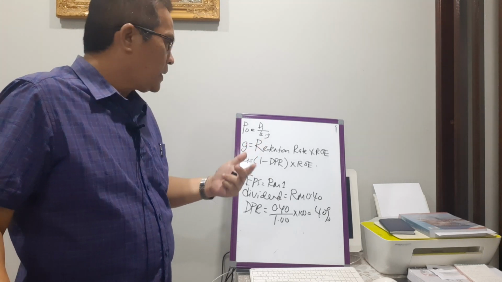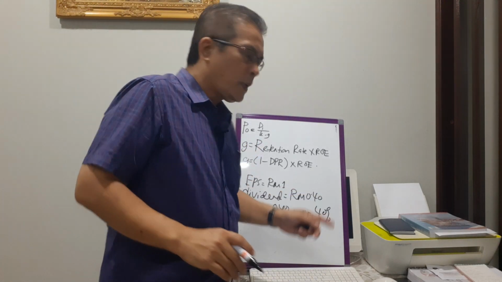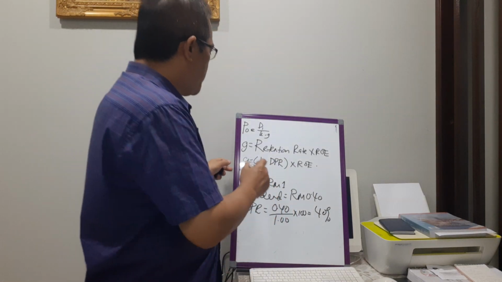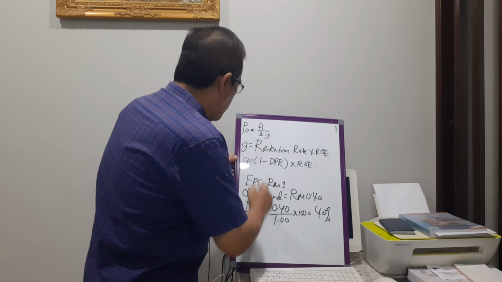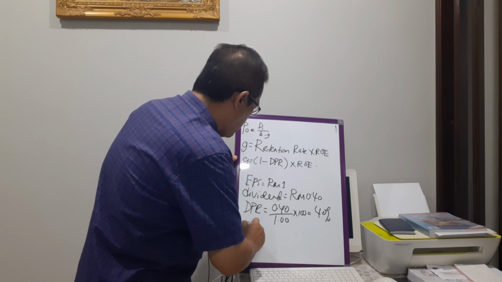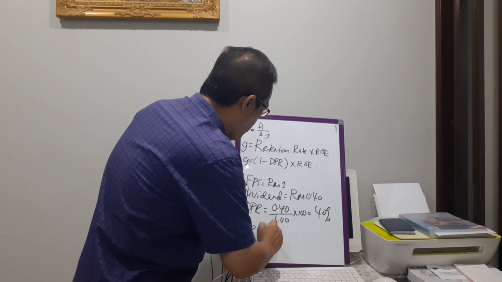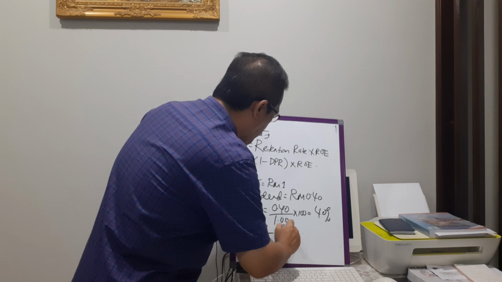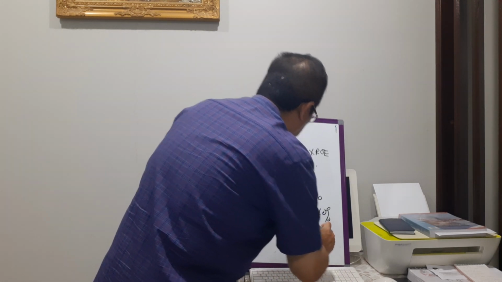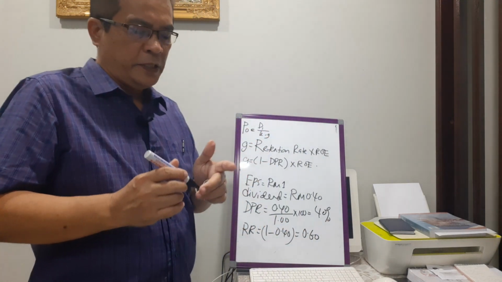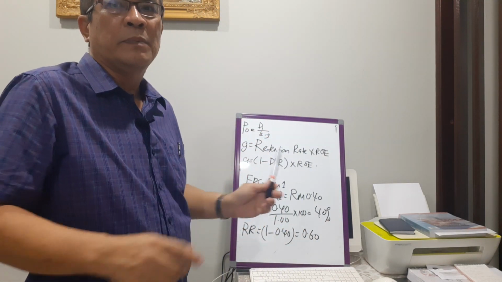So retention rate is 1 minus dividend payout ratio. In this example, retention rate is 1 minus 0.40, which is 0.60, or 60%.